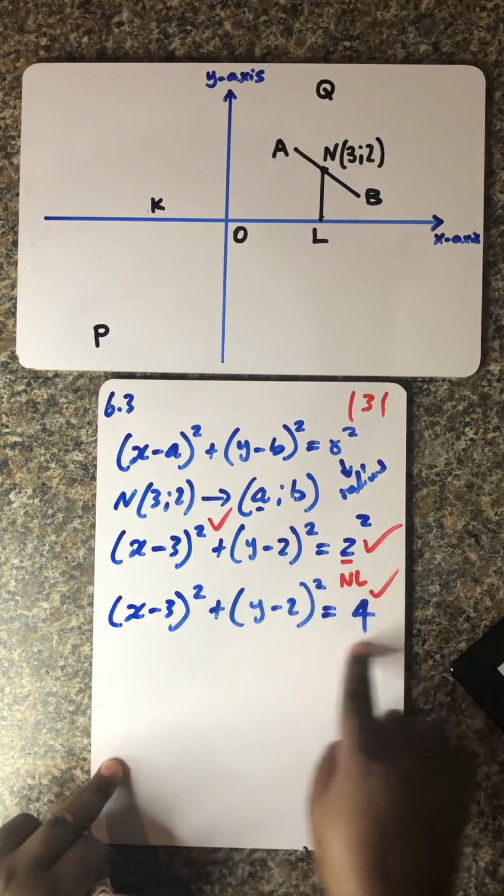Remember, this is L and this is K. So obviously this is from 0 all the way up to that x value. As soon as we find it, then we add it to the length from there all the way up to there. Obviously, we already know that from there up to there, ladies and gentlemen, it's equal to 3. You remember the coordinates of L are actually (3, 0). How did we know? It is because of the coordinates of that center.